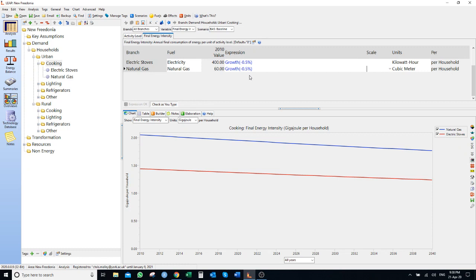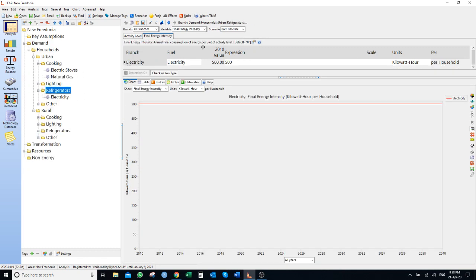Finally, the next change is that as incomes rise and people purchase larger appliances, annual refrigeration intensity increases to 600 kilowatt hours per year.